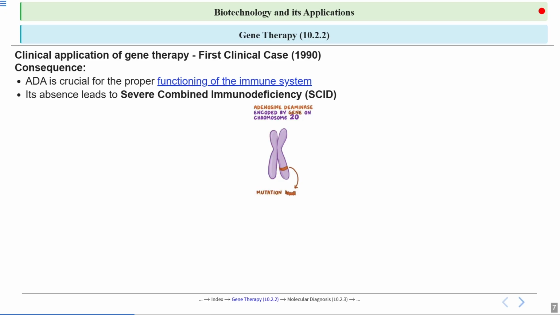So because the ADA enzyme is not present in that girl, her immune system is not working properly, and she is suffering from SCID, severe combined immunodeficiency. It is a very rare and inherited genetic disorder that prevents the immune system from maturing, leaving children born with little to no immune defense.